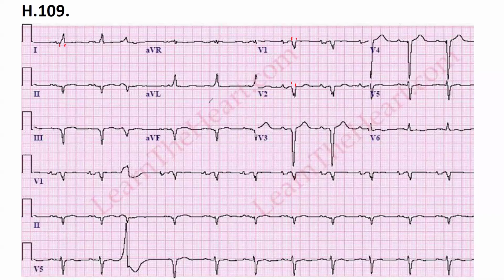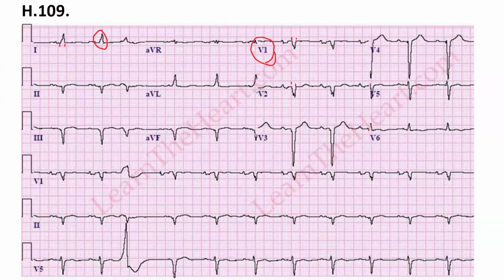Now, which one do we have here? Which lead should you look at? Is it V1 or V6? V1, V6, or lead number one, it doesn't matter, because you have to look at the right ventricular leads and the left ventricular leads. Whenever you see a wide notched R wave, the block is there.